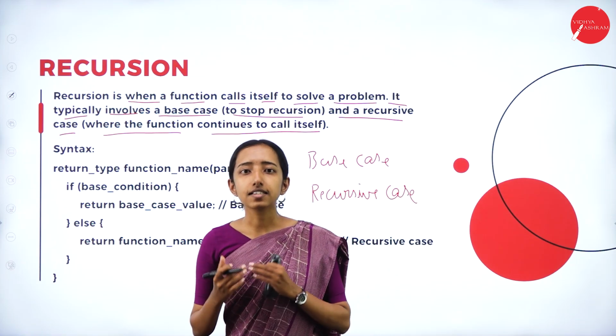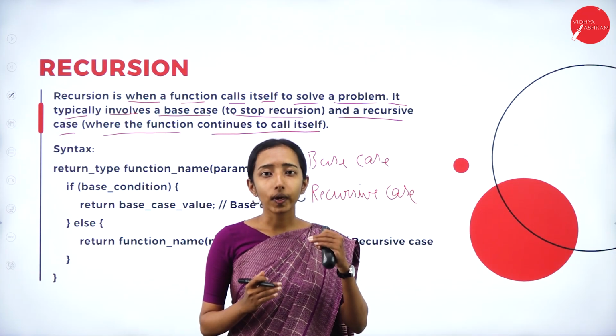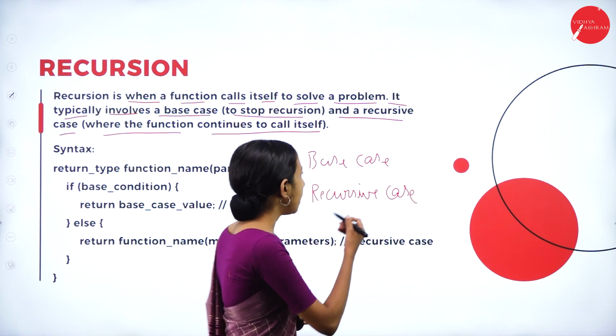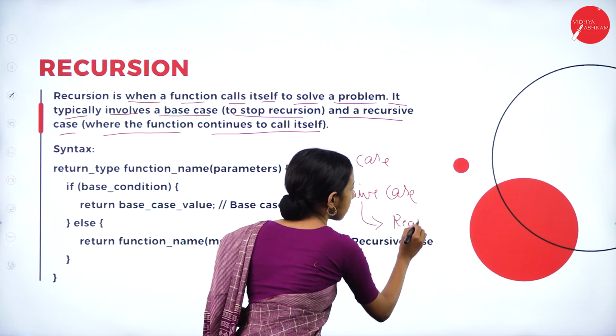The base case is where the function stops calling itself, and the recursive case is where it repeats calling itself.